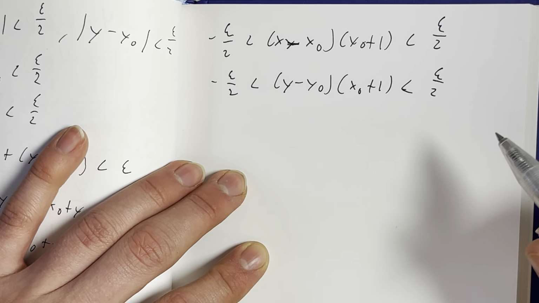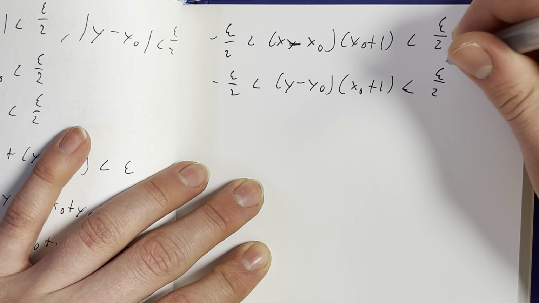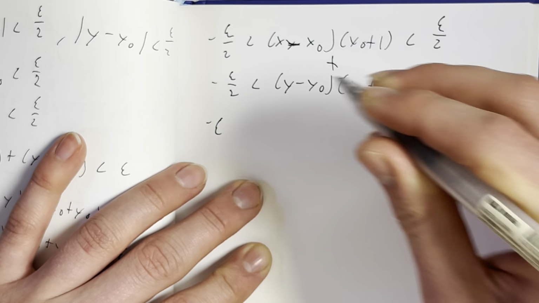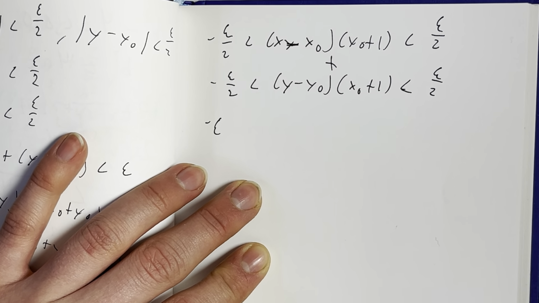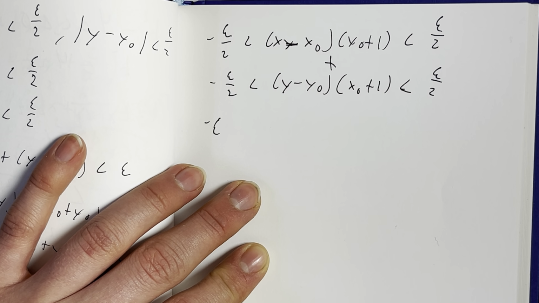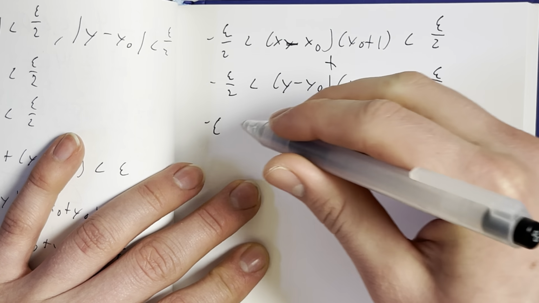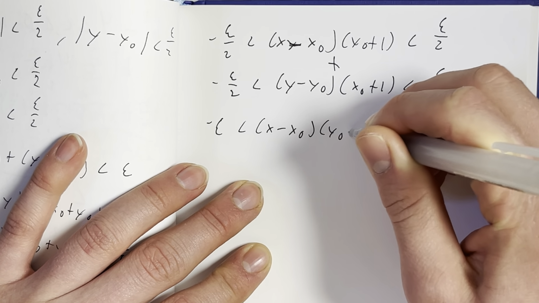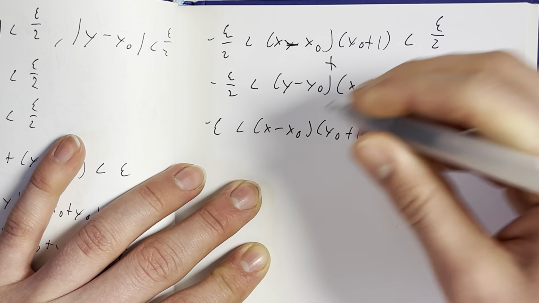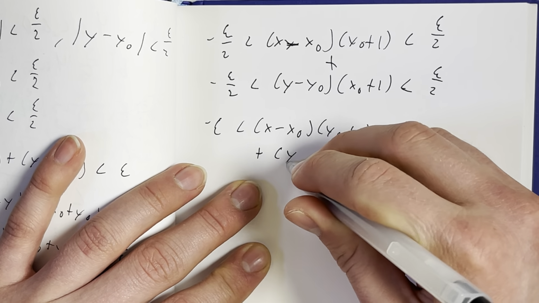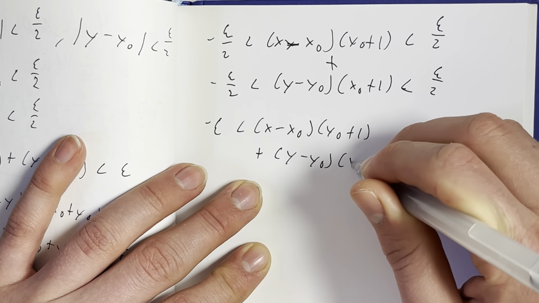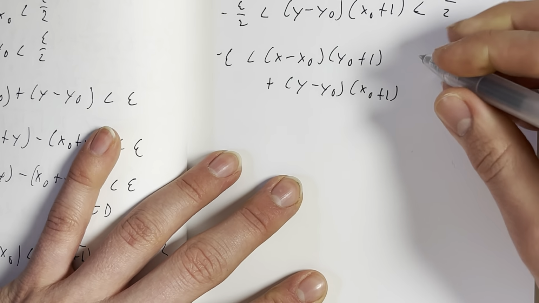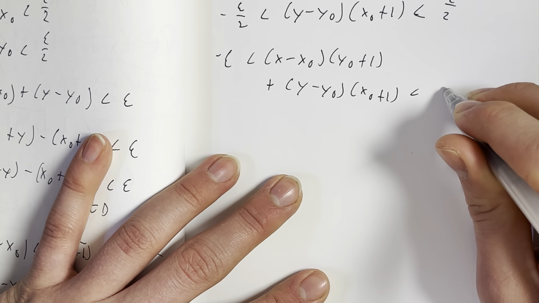And well, if we sum these two together, we get x minus x0 times y0 plus 1 plus y minus y0 times x0 plus 1, less than epsilon.